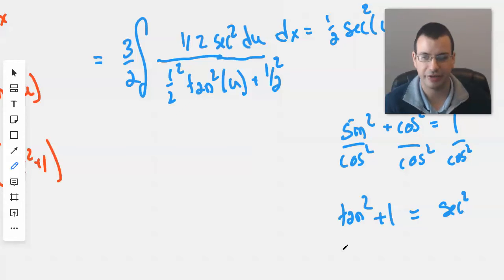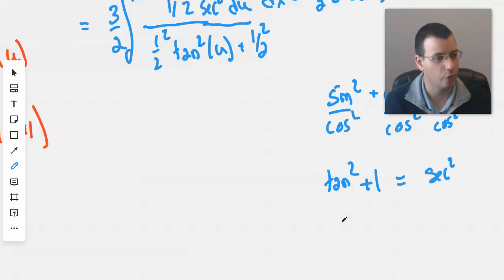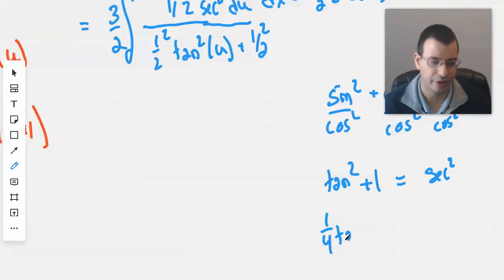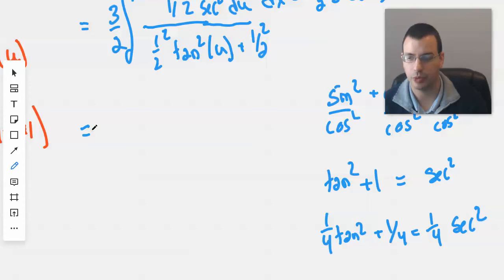And then if we multiply everything by 1/4, we get 1/4 tangent squared plus 1/4 equals 1/4 secant squared. Okay, and that's what we want.